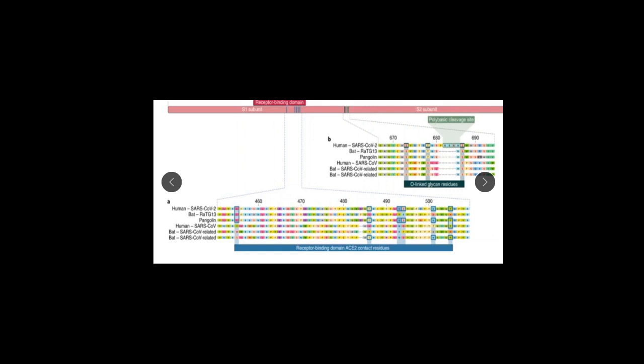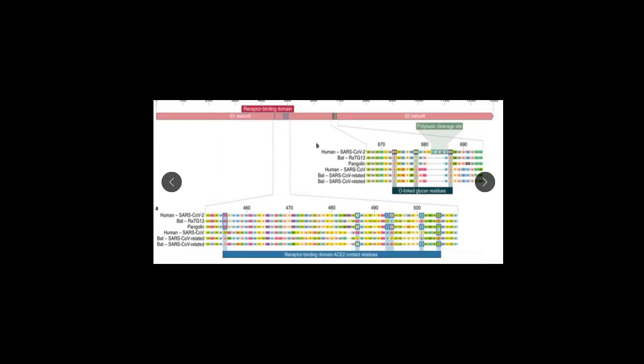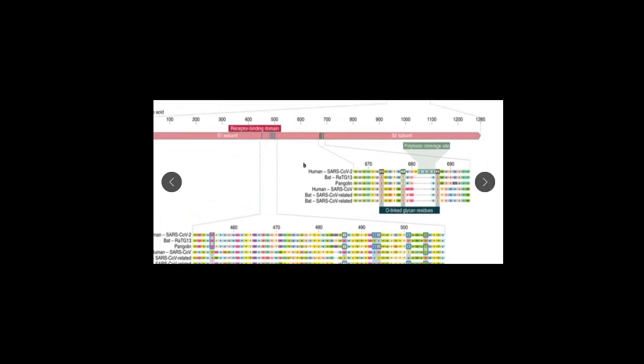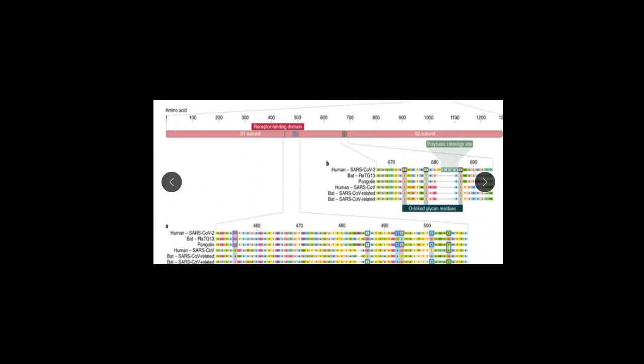As we see in this figure, the different sequence alignment shows some amino acid changes in the sequence of the novel coronavirus. And in the S2 subunit, there is acquisition of a polybasic cleavage site and O-linked glycan residues.